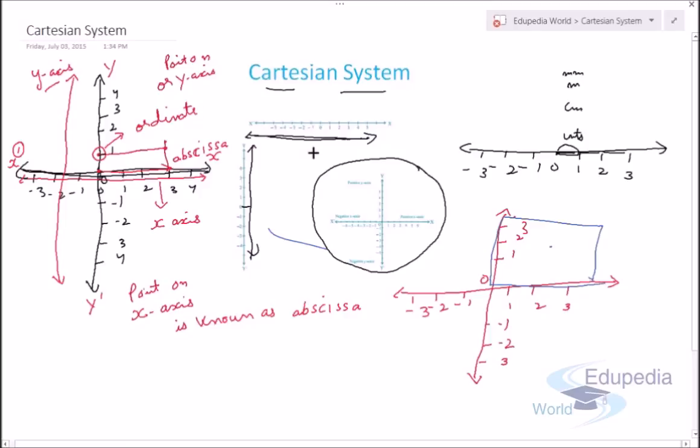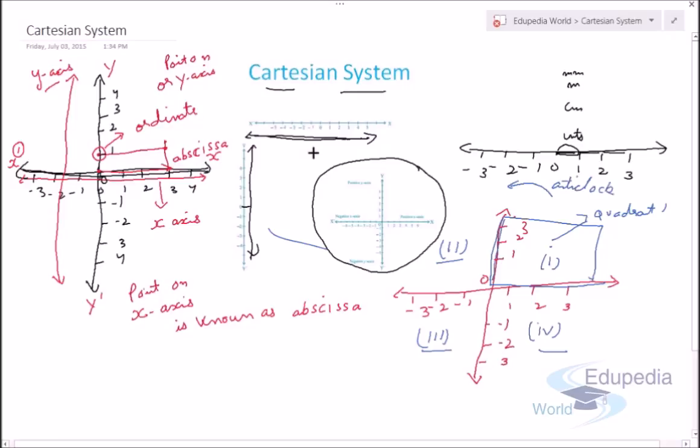This complete part drawn in blue line is known as the first quadrant. This is the second quadrant, this is the third quadrant, and this is the fourth quadrant. So the whole Cartesian system is divided into 4 quadrants. The quadrants move in the anti-clockwise direction.